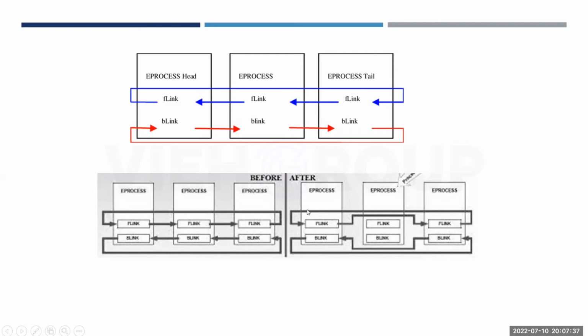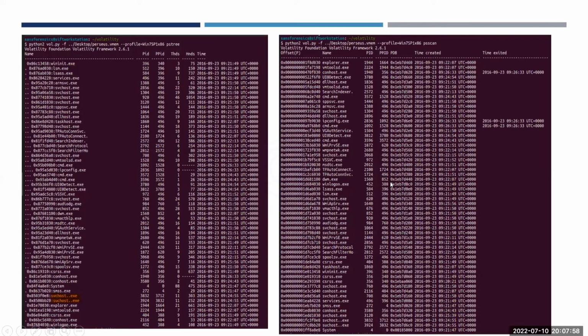So this is a normal doubly linked list before the DKOM attack. When the DKOM attack is performed, it unlinks one process from the doubly linked list, and even if that process is unlinked, it has a process tag, like proc. So with that pool tag scanning approach, we can identify even hidden or terminated processes.